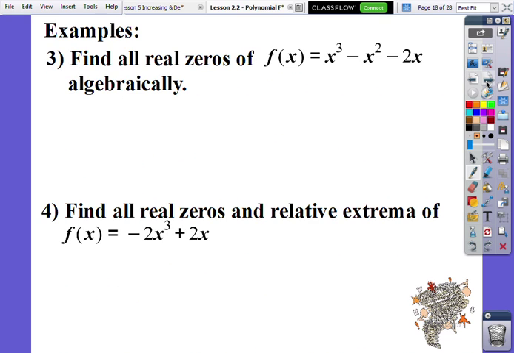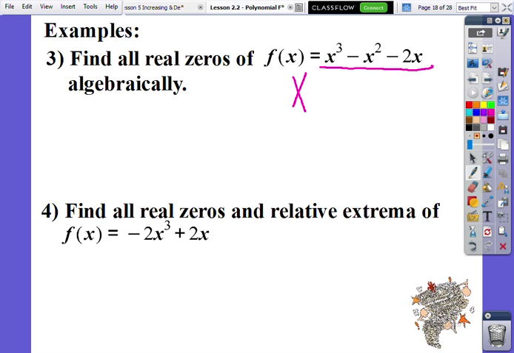So we're going to look at a couple of examples where we've been asked to find some of that information. So here in example 3, we're asked to find all the real zeros algebraically. Asked algebraically, most likely they're asking you to try to factor. So if I look at this, I can see that this x cubed minus x squared minus 2x has a GCF.